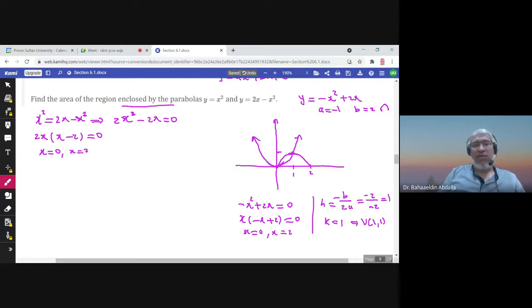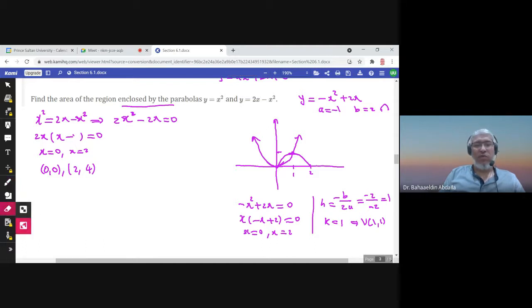Now, if x is 0, you can replace x by 0 here or here. So this is one intersection point. Sorry, there is a mistake here, because if you take 2x as a common factor, you have x minus 1.